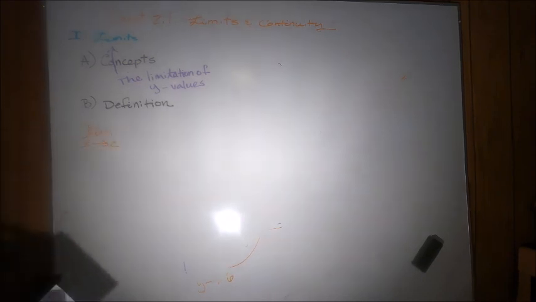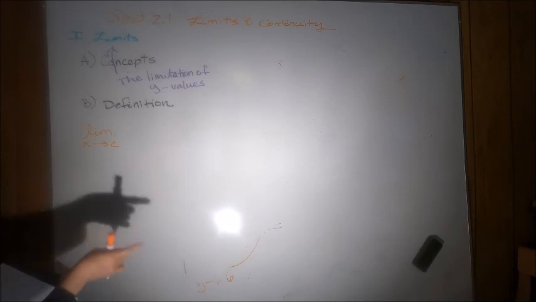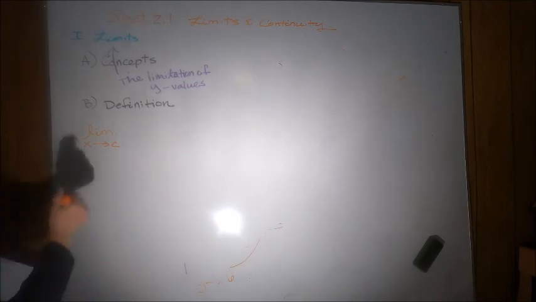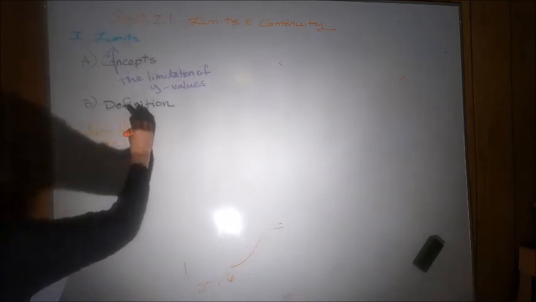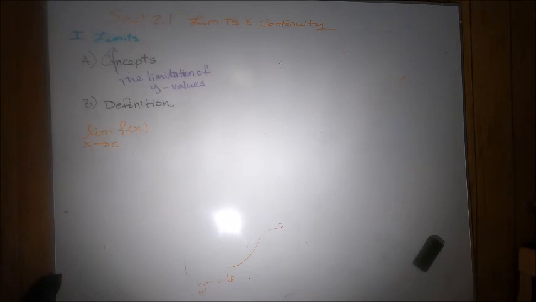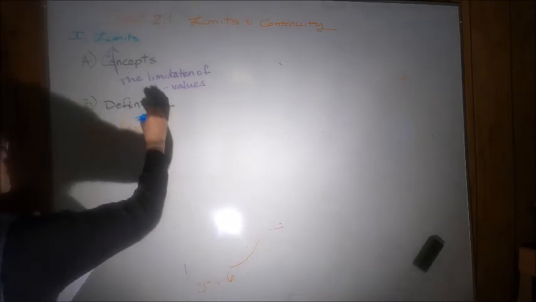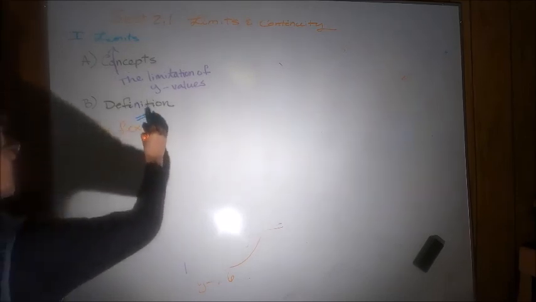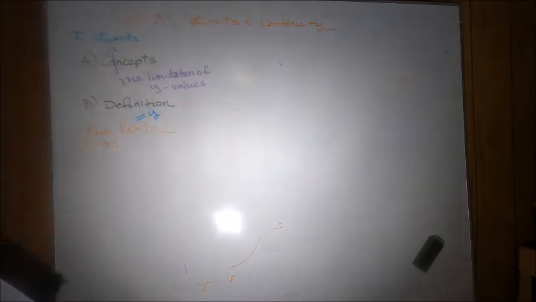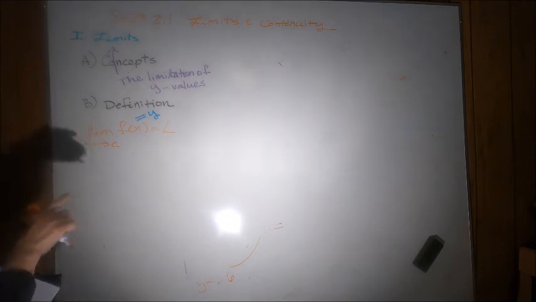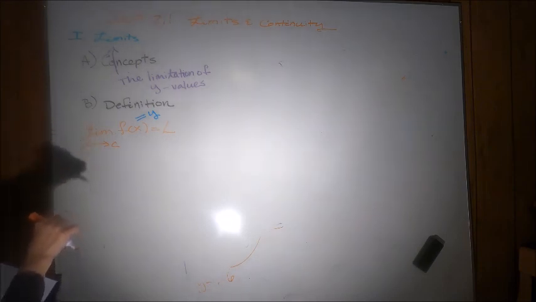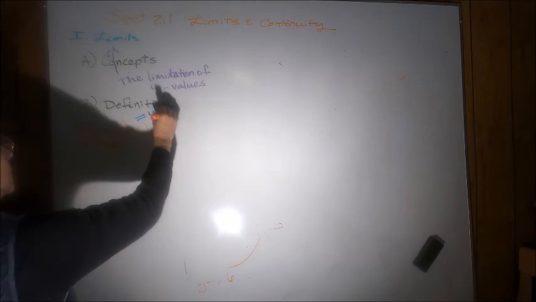C is a constant, just like your 3 earlier. Then f of x is your y. Earlier we had y equals 2x plus 4. So equals L. And L is the number y is bounded by.